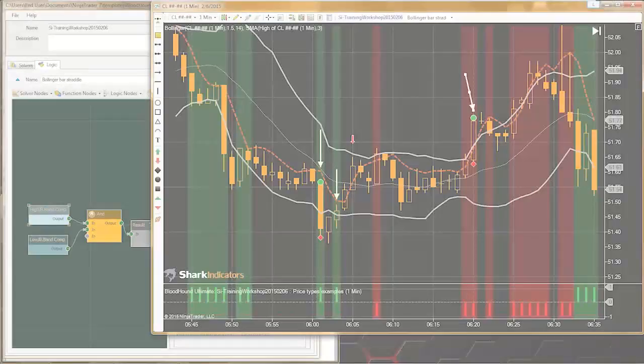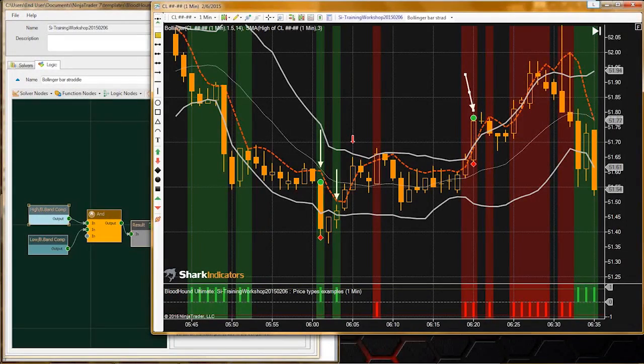Okay. George is asking, so we're totally switching subjects here, is Raven capable of giving totally accurate backtest results if calculate on bar close equals false? The answer to that is yes. However, you have to understand that since you're using NinjaTrader, NinjaTrader does all the backtest calculations.